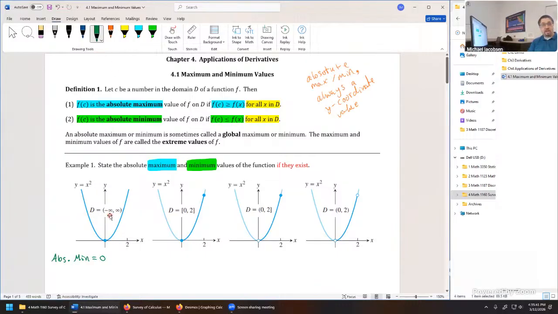But what would you all say if you were asked, what is the absolute maximum? What's the best response on this one?